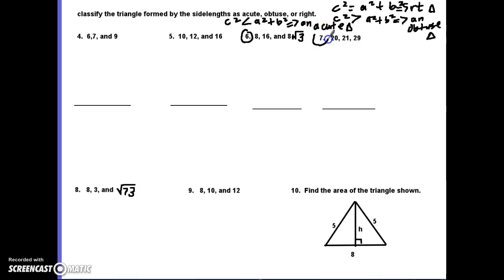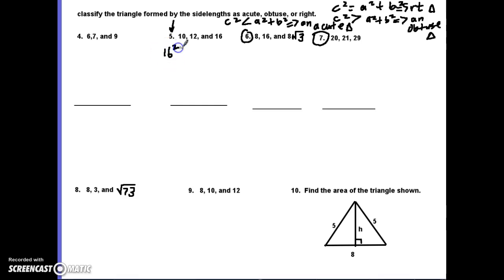Let's do number 5 together. Say the side lengths were 10 inches, 12 inches, and 16 inches. Then the 16 would have to be the c.